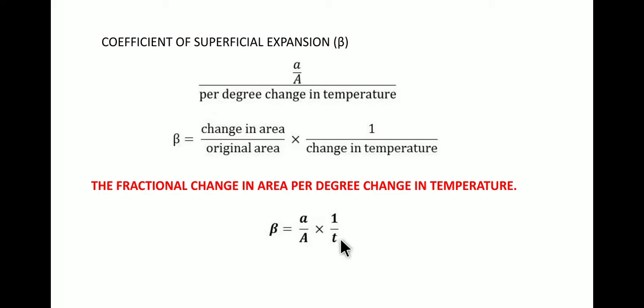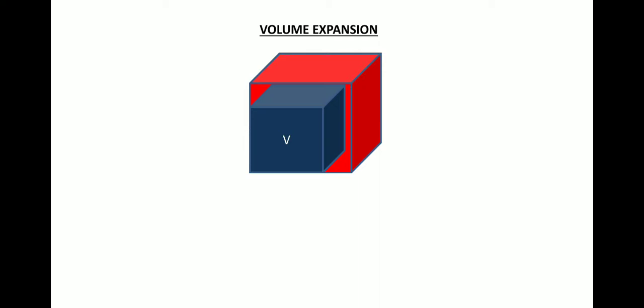Next is the volume expansion. Suppose we take a three-dimensional object, a solid, and it has some volume, capital V, and when heat is applied on this solid, it expands in all its dimensions, and we get a bigger solid, and let's say that change is small v.